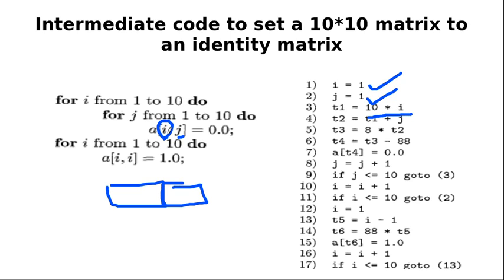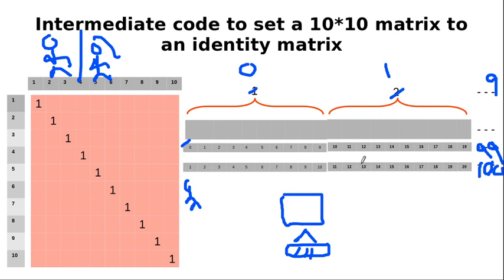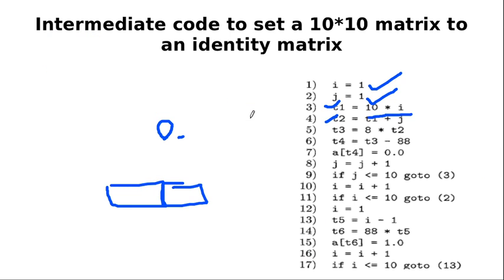The value I am getting can be added with my column number, which is given by j. First operation, row number into 10, I store in one temporary, and that temporary can be added with my column number. Once again I store it in another temporary t2. Now I am getting the index, either 6 or 14 and so on.